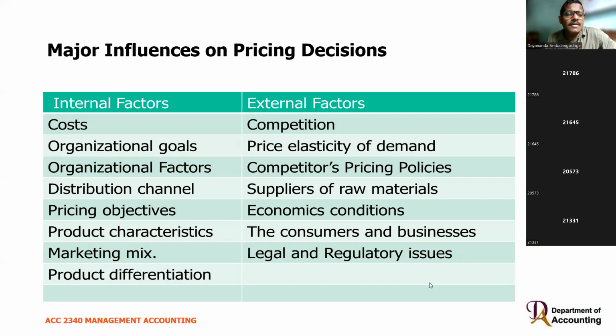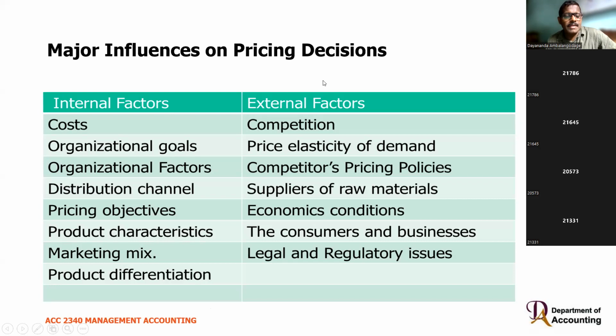So pricing is a very important factor when you are operating and managing a business. The factors affecting pricing decisions can be divided into two parts: internal factors and external factors.